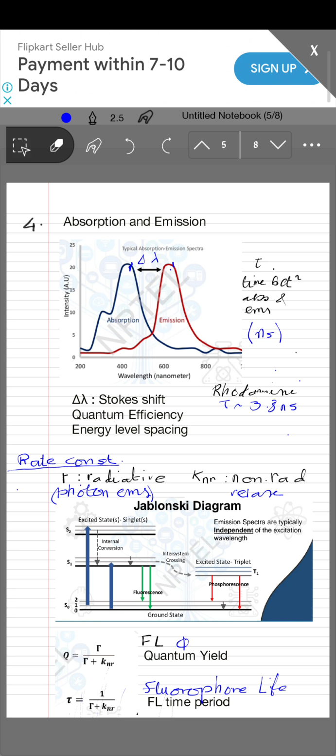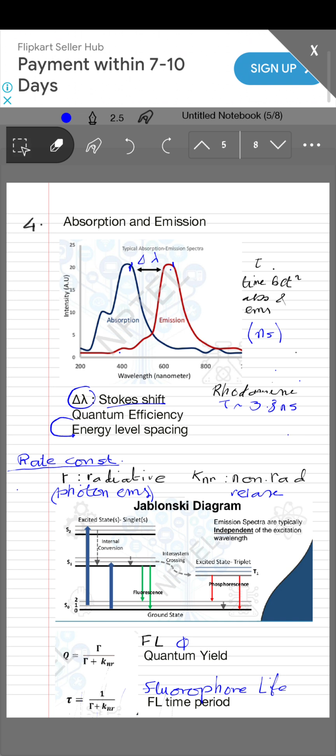That means the wavelength at which the light gets absorbed in a material and the wavelength at which the same material emits light are different. This difference in wavelength is known as the Stokes shift. The Stokes shift can occur mainly due to differences in quantum efficiency, energy level spacing, and some internal processes going on in the tissues. We are talking about tissues right now.